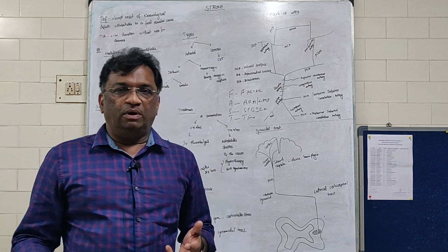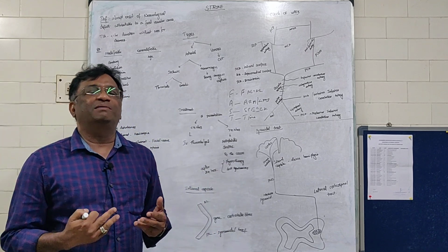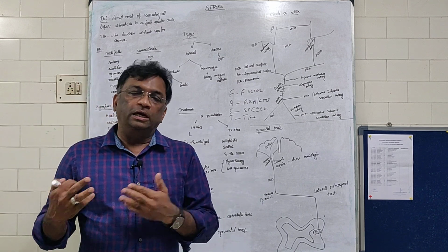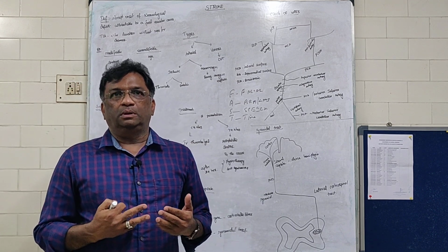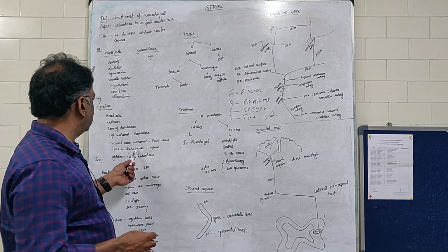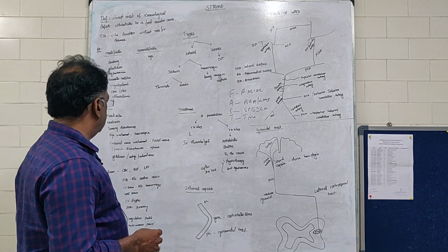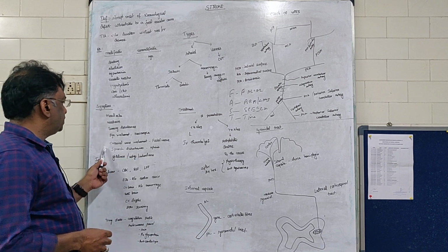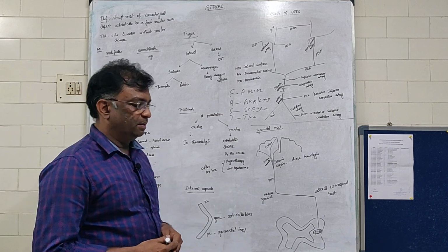Any cranial nerve involvement can be stroke. And if you have a posterior circulation stroke, you can have incoordination, giddiness, vertigo, unsteadiness. All these are symptoms of stroke.